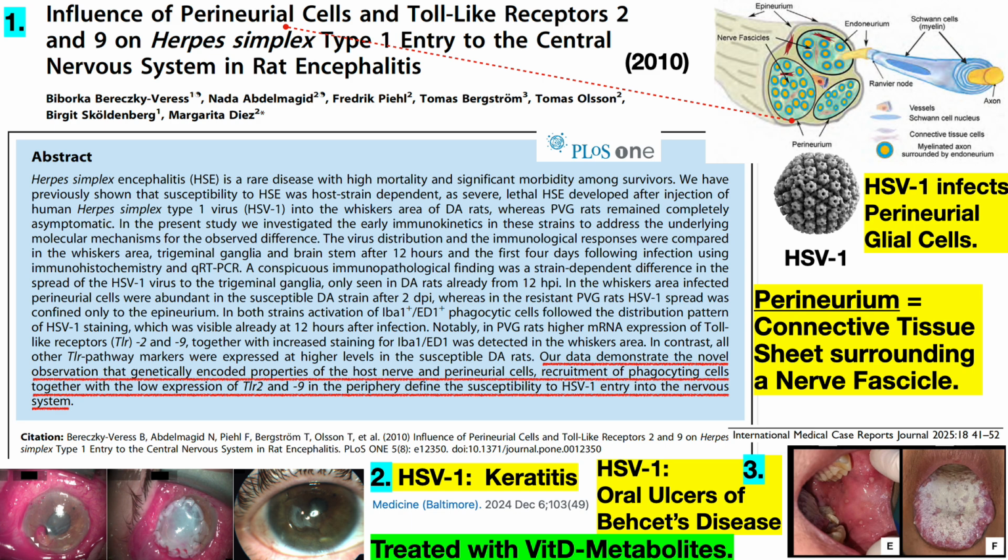And it is well known that HSV1, once it reactivates, can move to the oropharyngeal cavity and produce cold sores, also on the lips. And in other cases, HSV1 can move to the eye and infect the cornea. This is called HSV1 infectious keratitis.